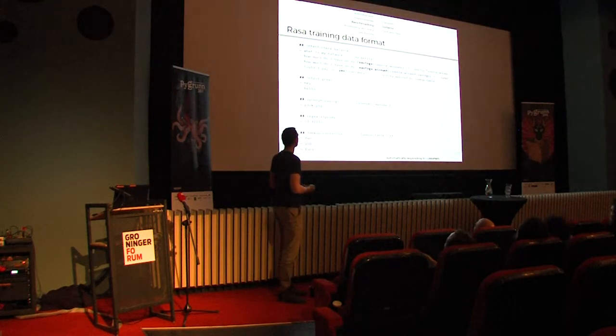For Rasa, and this is also the same for other systems, you have training data, and you give that to the system as a TXT file. Here you say, I have some sentences with the intent check balance. What is my balance? In this format, then the intent is check balance.